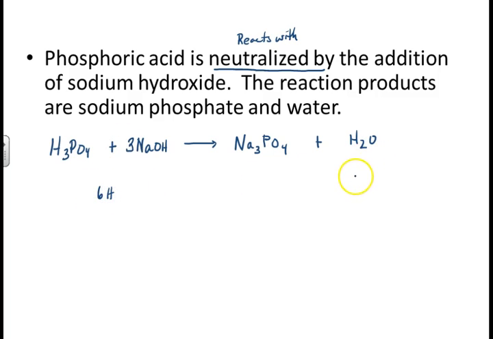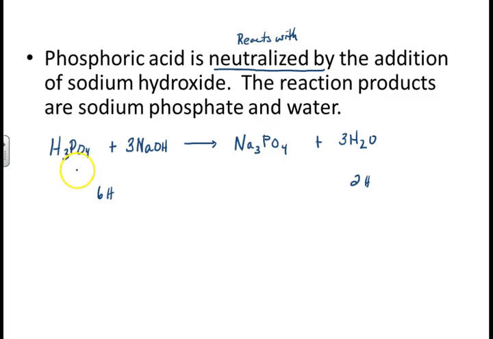Over here I've only got 2 hydrogens, so I'm going to put a 3 here. That gives me 3 oxygens plus 4 oxygens, which is 7 oxygens. And on this side I've got 3 oxygens plus 4 oxygens, 7 oxygens. So that's balanced. And then we have phosphorus, 1 phosphorus and 1 phosphorus.